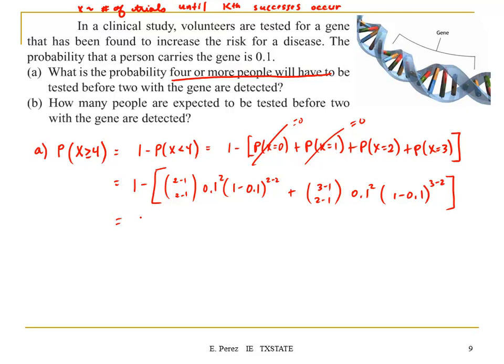And this is 1 minus 0.01 plus 0.080, which equals 0.972. This is about 97%.